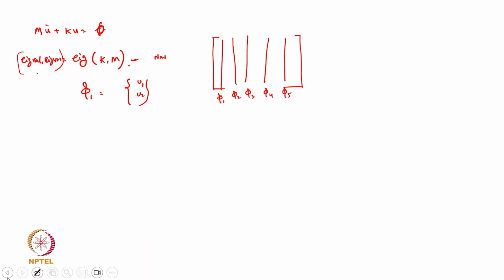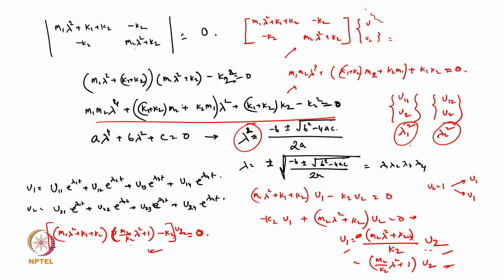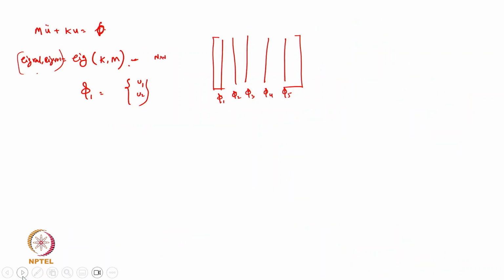If you see this is my first mode, this is your second mode, third mode, and for each case your eigenvectors are not the same, they are different. So you will get eigenvectors corresponding to different eigenvalues, because the eigenvalue matrix will be a diagonal matrix, and for the corresponding values you will get that vector.